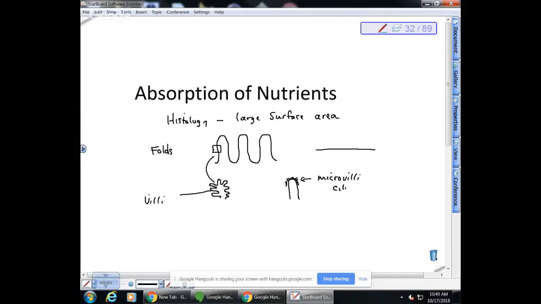So these are cilia extending from the simple columnar epithelial tissue. I'll just put simple columnar. This has another name, and you might hear it. It's called the brush border.